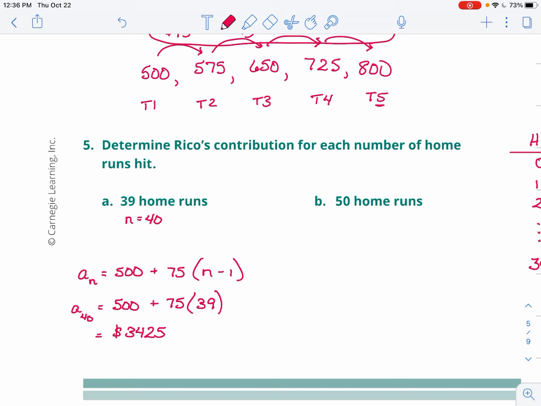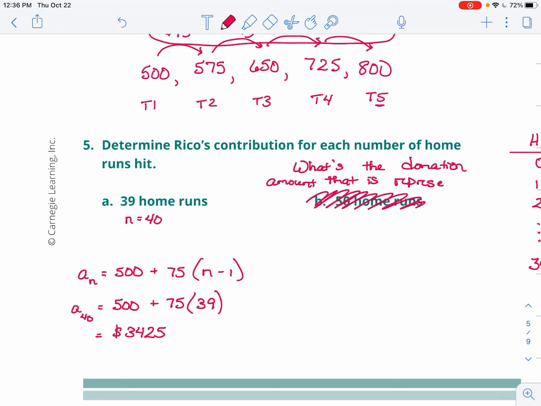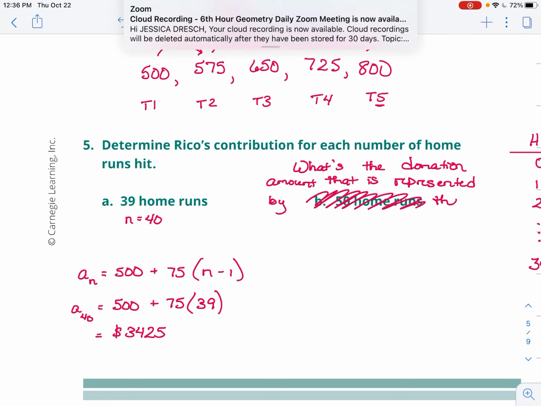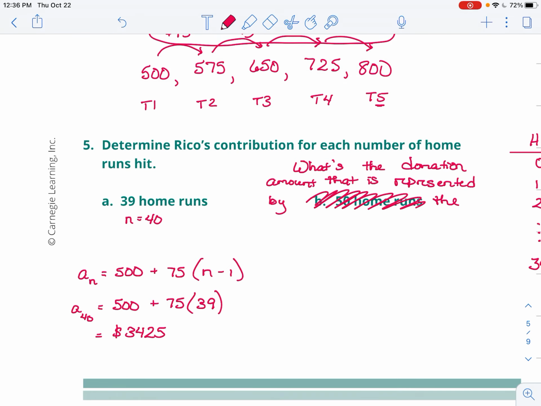So I kind of want to reverse this, and I know I don't have a ton of space, so I'm just going to scribble this out. And instead I'm just going to ask, what is the donation amount that is represented by the 84th term in the sequence?